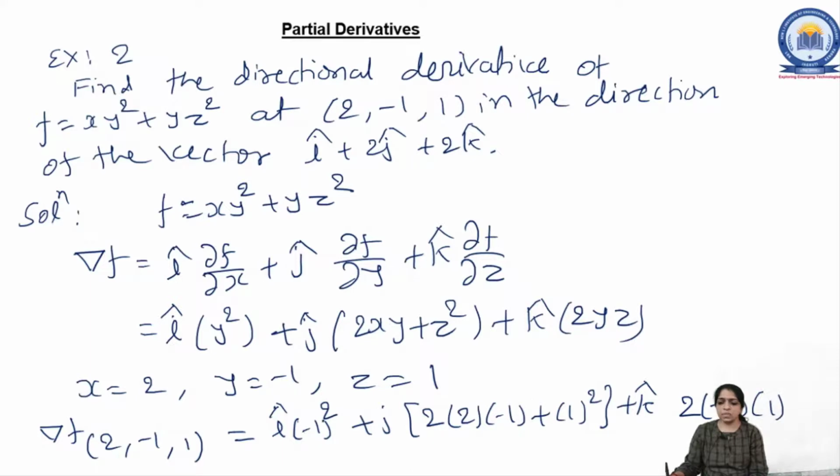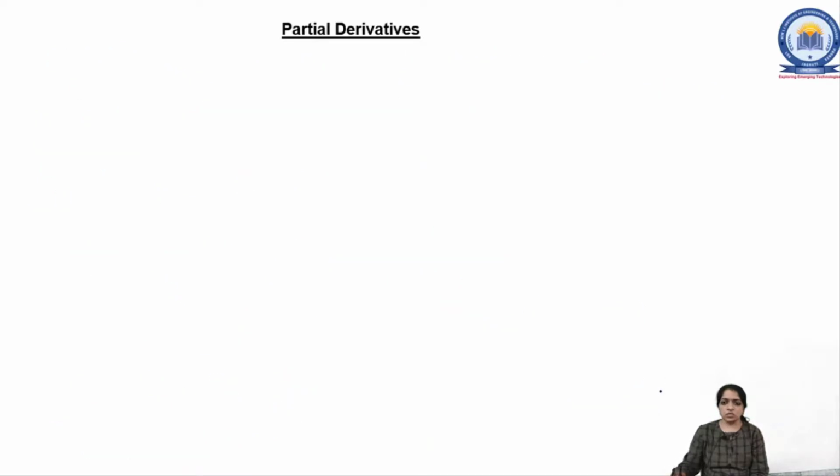So this is (-1) squared, so i, here -3j, -2k. So the final gradient of f at the point (2, -1, 1) is i - 3j - 2k.